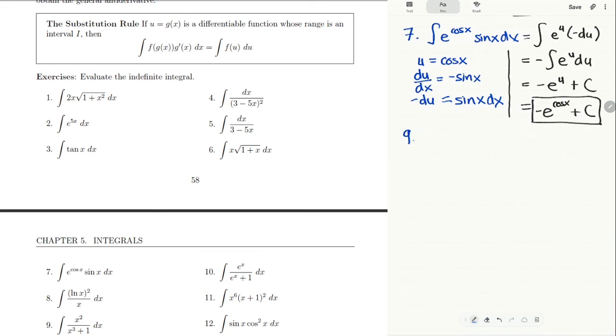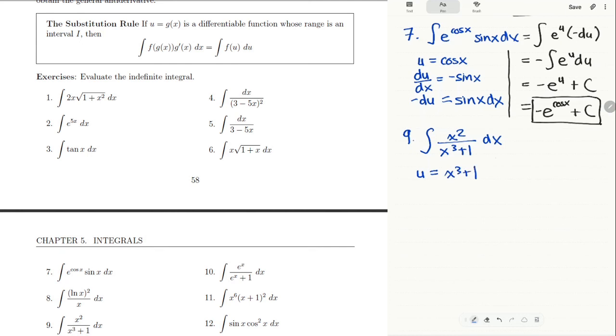So now let's jump to number 9. We have the integral of x squared over x cubed plus 1 dx. So here we can choose the substitution u is equal to x cubed plus 1.